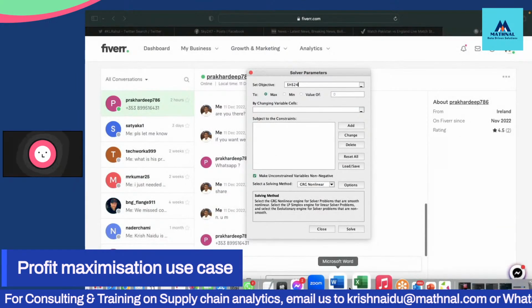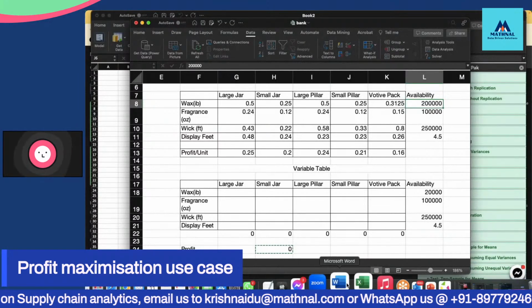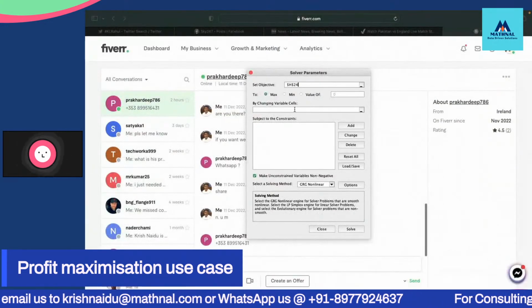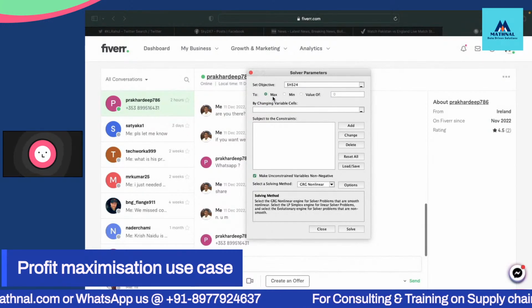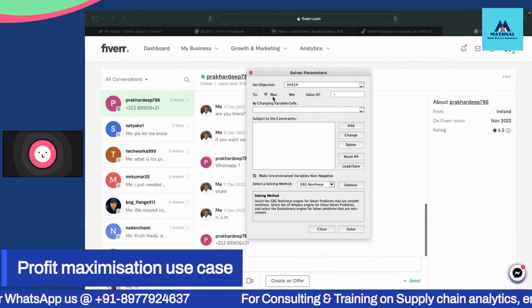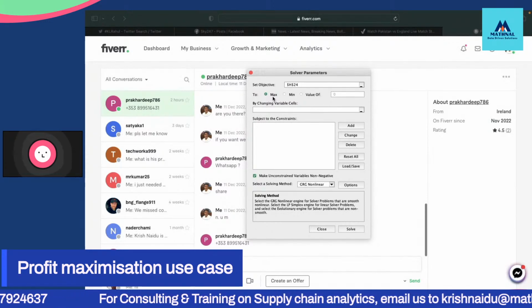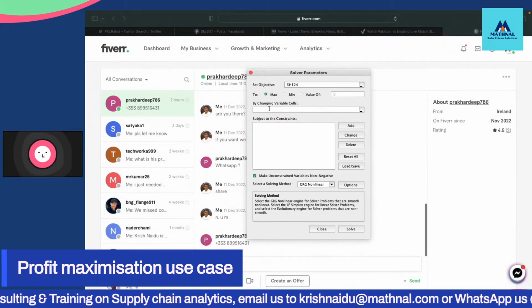So H24 is our problem objective. I'll go back to Excel now, and I'll choose the option maximization, because we have to maximize the profits. We always try to maximize the profit, we don't try to minimize it, because more and more profit is better for the company.